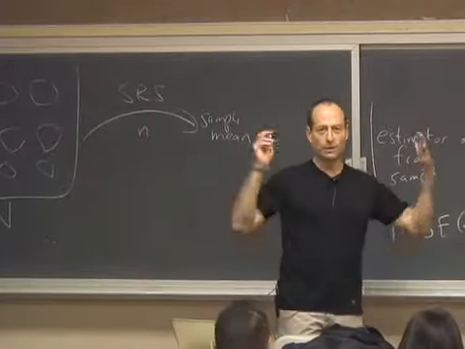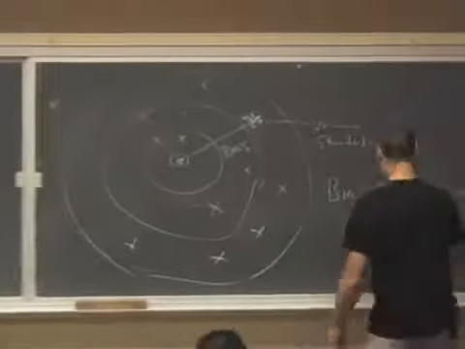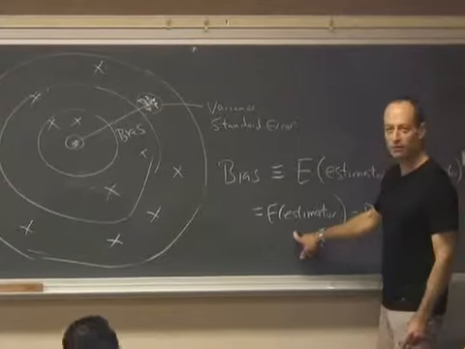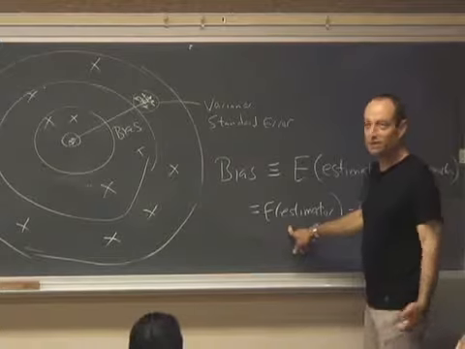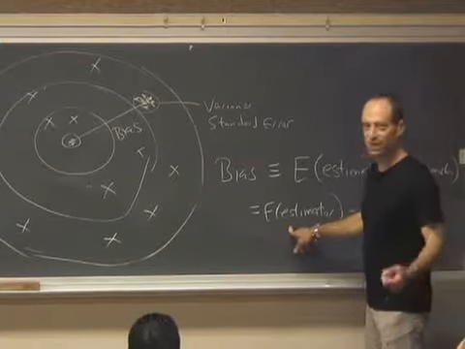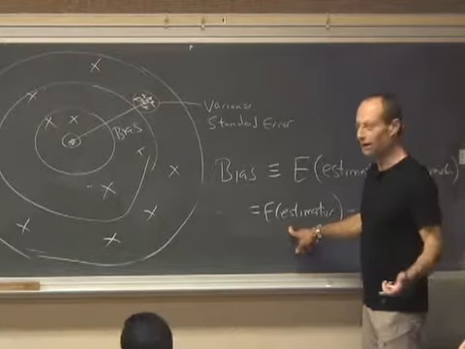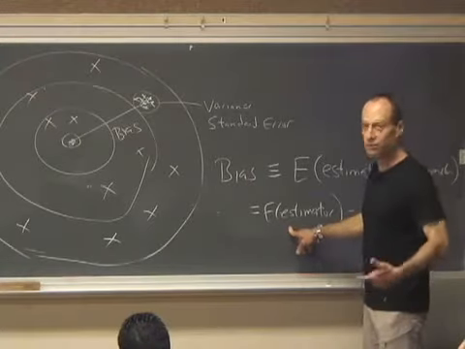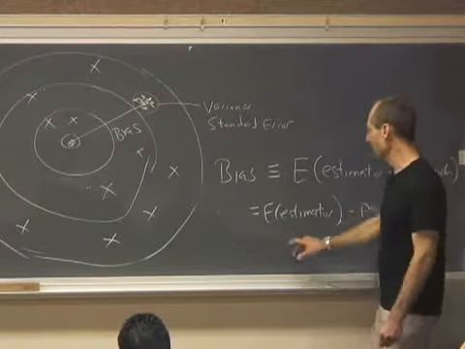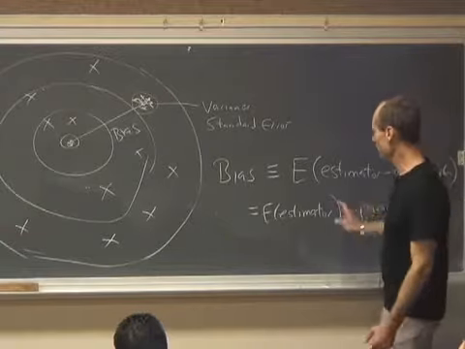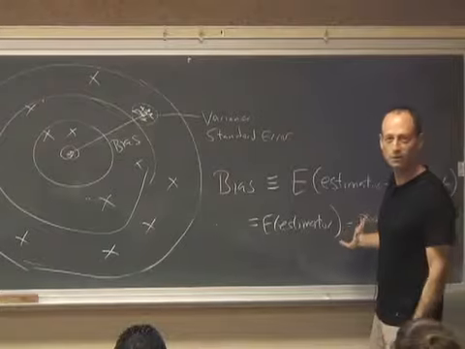If we're trying to estimate the population mean using the sample mean, what's the expected value of the estimator? It is the population mean, because the expected value is the average of the numbers in the box. The expected value of the sample mean of a simple random sample or a random sample with replacement is just the mean of the numbers in the box. It's the population mean. So the bias of the sample mean as an estimate of the population mean is 0, because the expected value is the population mean and the parameter is the population mean. Those things just cancel, right?